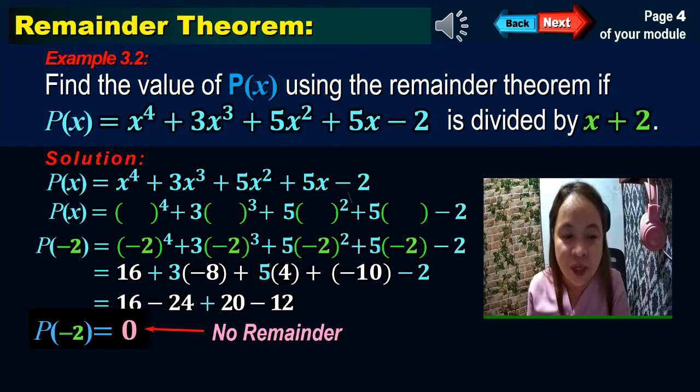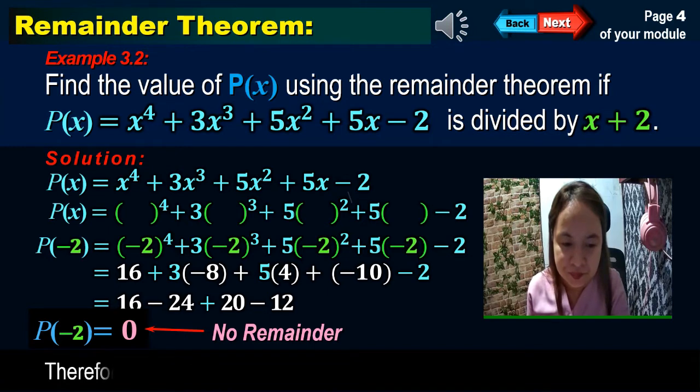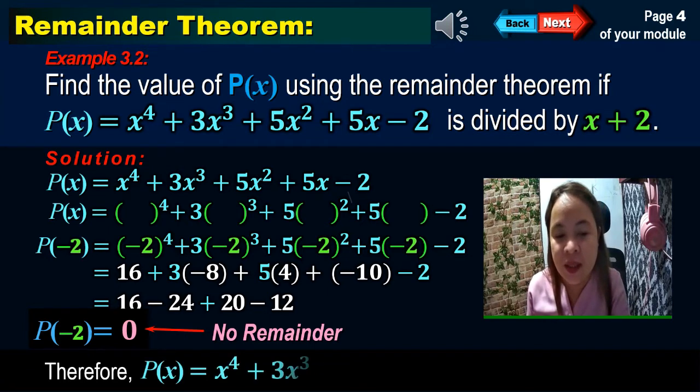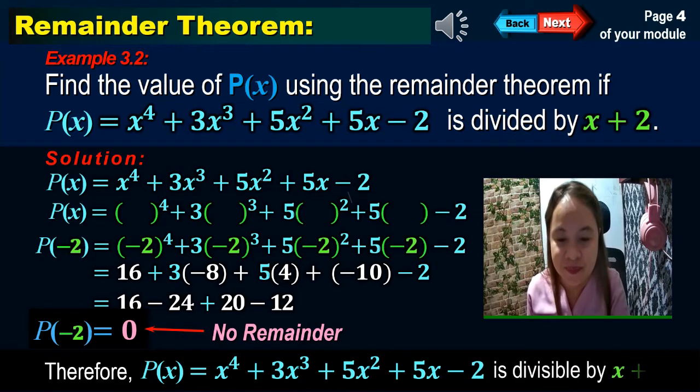So therefore, our P of negative 2 is equal to 0. Meaning, there is no remainder. Now, since there is no remainder, x plus 2 is divisible by x raised to 4 plus 3x cubed plus 5x squared plus 5x minus 2.